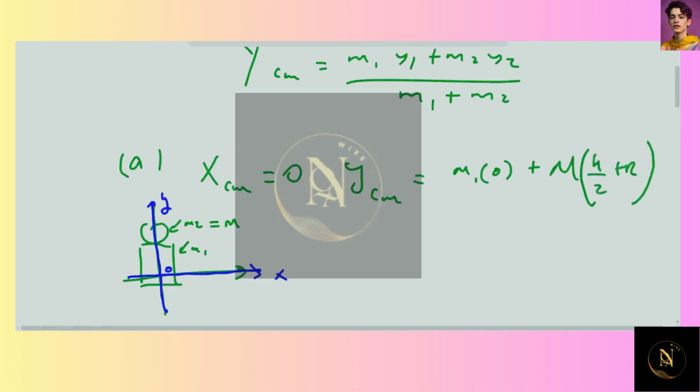The reason why it's h/2 plus r is because look at this. This height is the radius of the sphere.